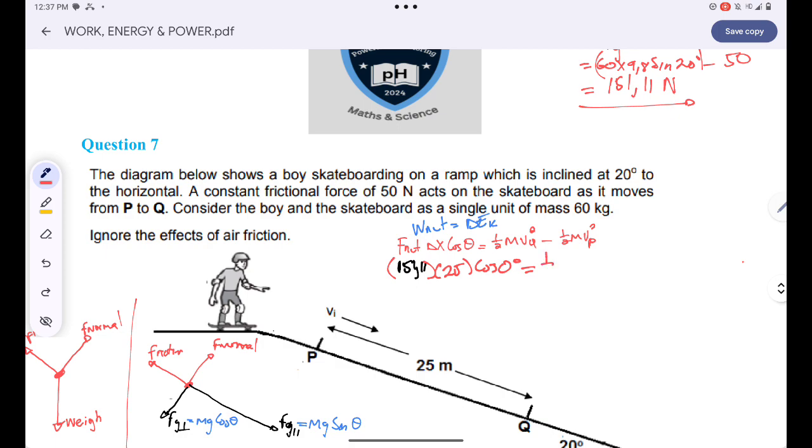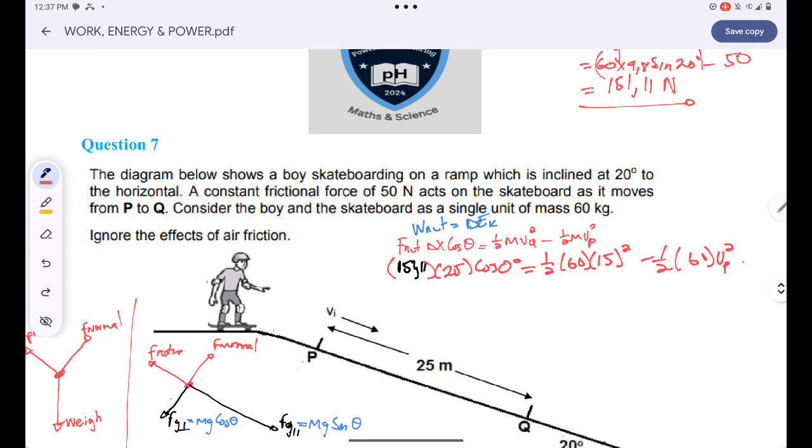That equals 1 over 2 multiplied by 60 multiplied by 15 squared. The speed of the boy in the skateboard combination at position Q is 15, right? Then I'm looking for the velocity at position P. That's what I'm looking for.